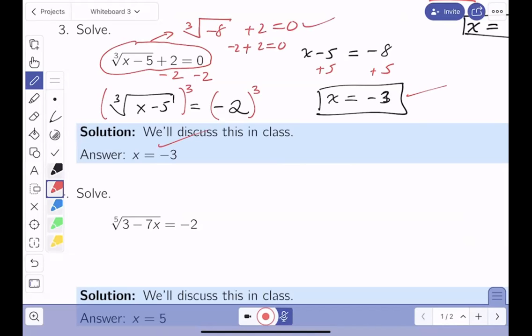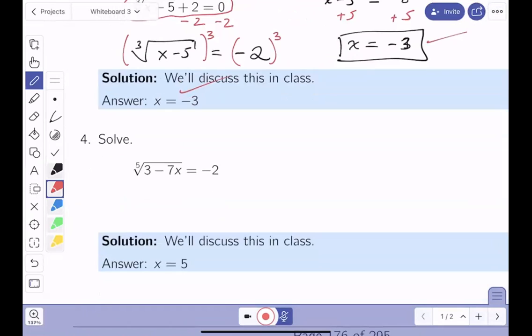Not much different. And we tend to write problems that reflect what we want you to do. Very little variance on them, by the way. So if I did this one over here, the radical's isolated already. So really all I have to do is raise both sides to the 5th power. I'll write this down for you in steps. So it's the 5th root of 3 minus 7x equals minus 2.